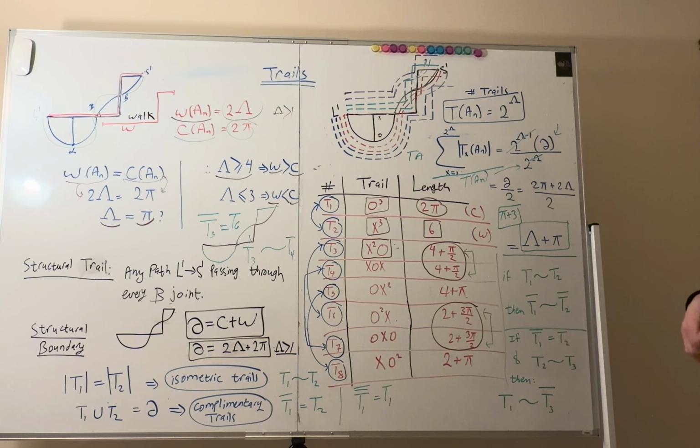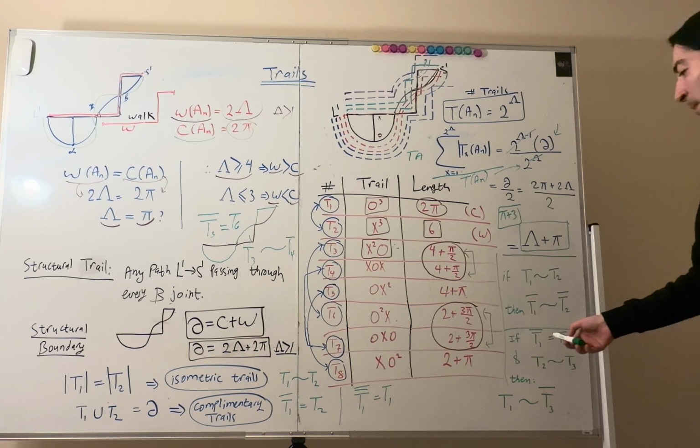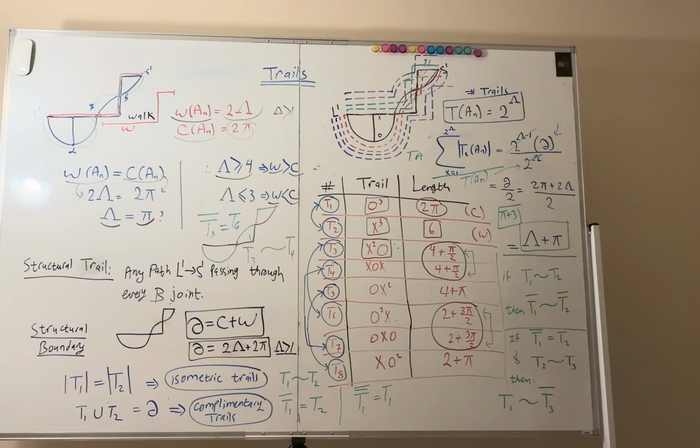So let's think about it for a second. Here we said T2 and T3 are isometric, so they have the same length. And we said that the complement of T1 is equal to T2. So I can say the following.